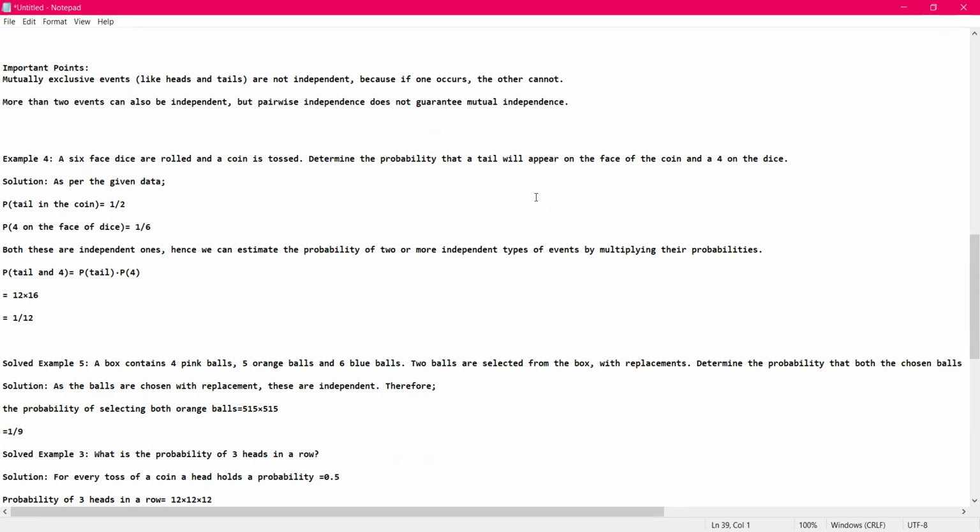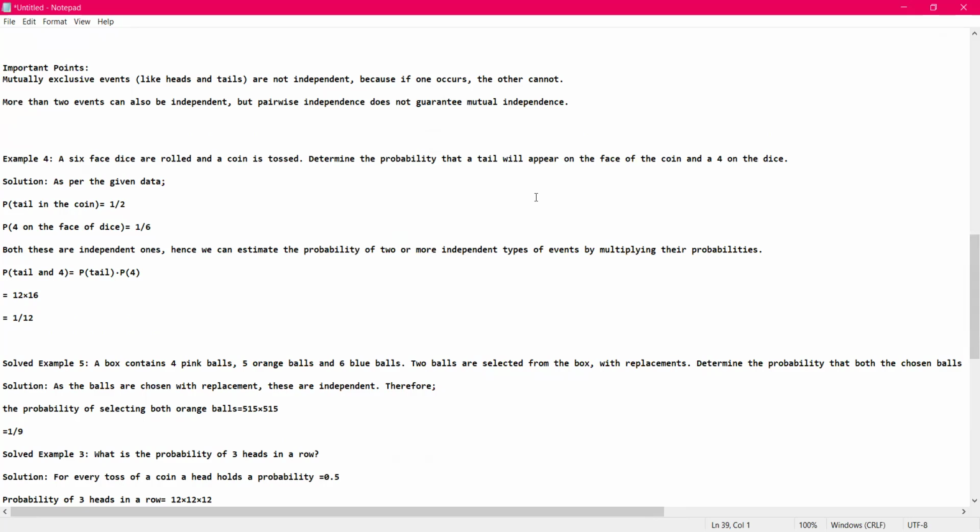A tail appearing on the coin will not affect the outcome of the four appearing on the dice. So there are two events. First, tail appears on the face of the coin. The probability of getting tail is 1 by 2.